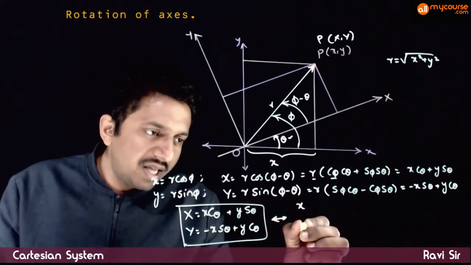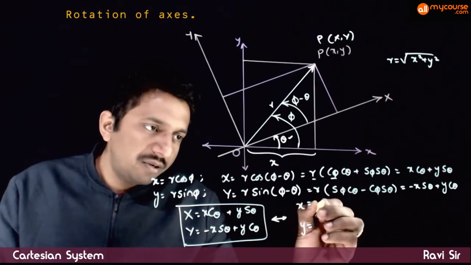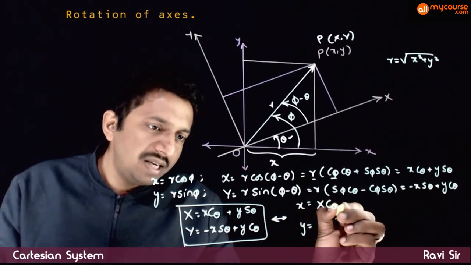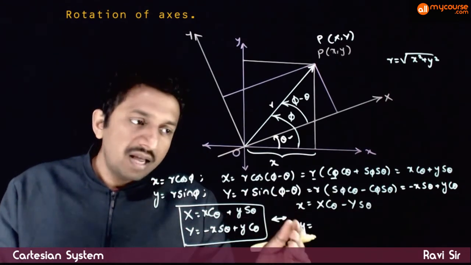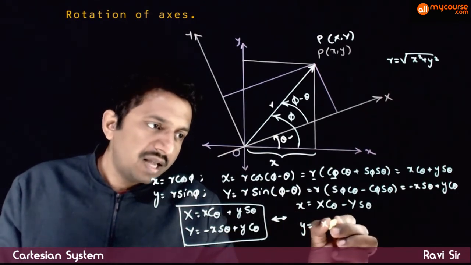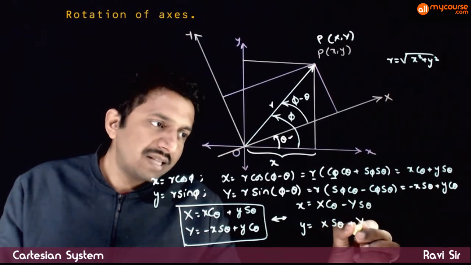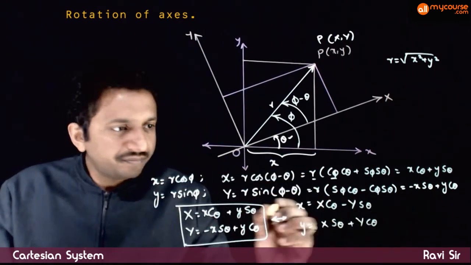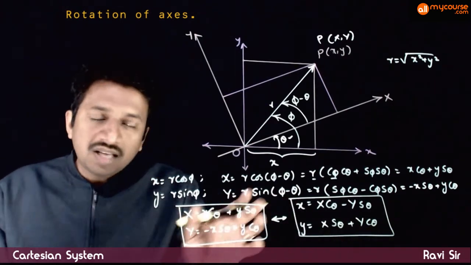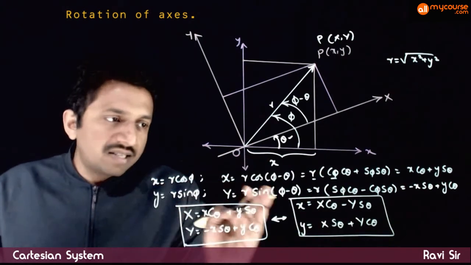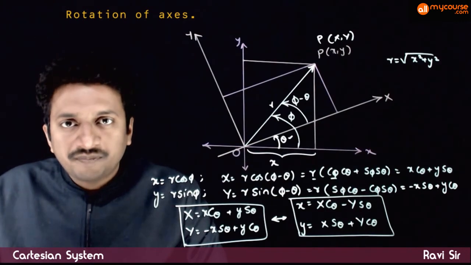Once you do the derivation, you get small x is equal to capital X cos theta minus capital Y sin theta, and small y is equal to capital X sin theta plus capital Y cos theta. So these are the formulas for capital X, capital Y and small x, small y.